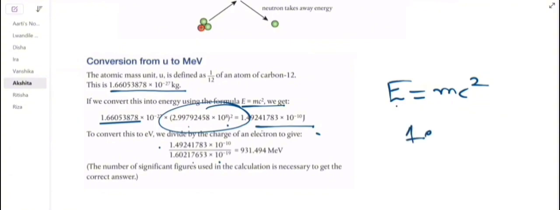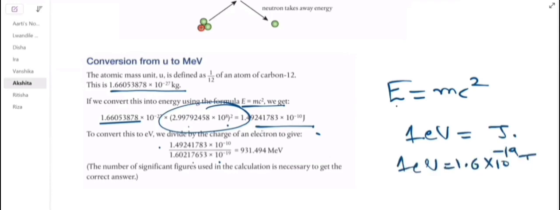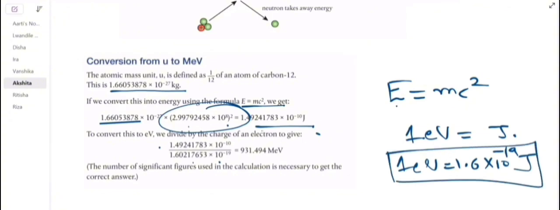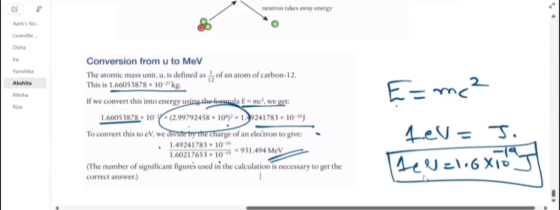When we convert electron volts into joules, the formula is 1 eV is equal to 1.6 into 10 raised to minus 19 joules. Now I have to convert it into MeV, so I will multiply this with 10 raised to 6, right? Because this is mega electron volt. Can you see here?